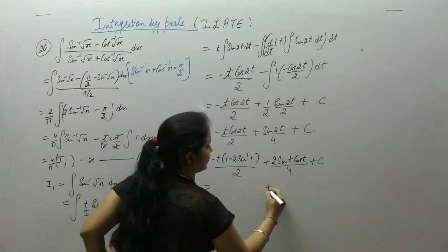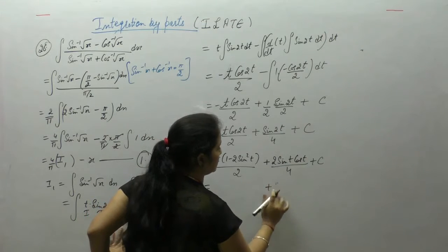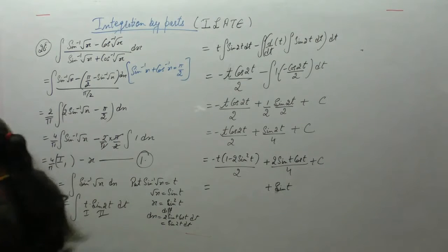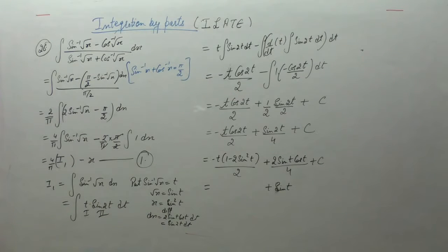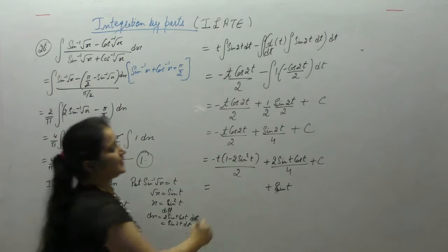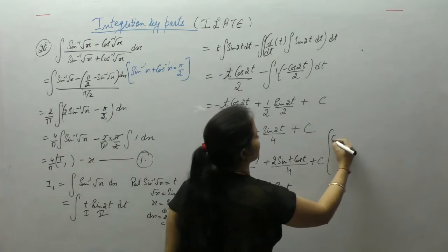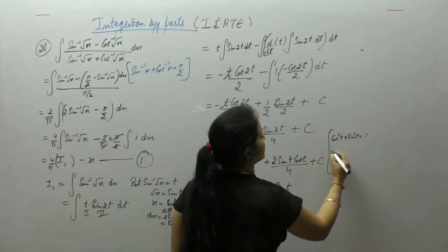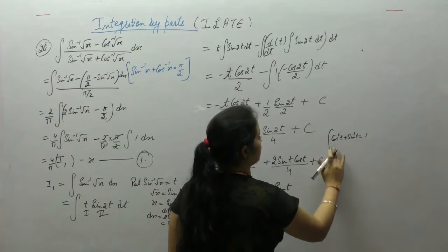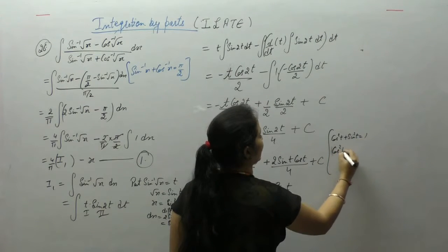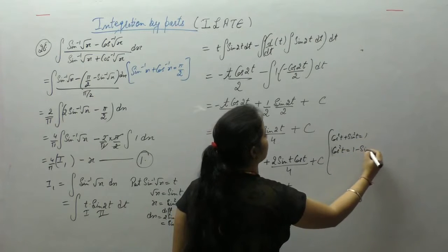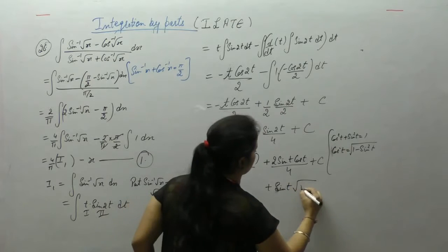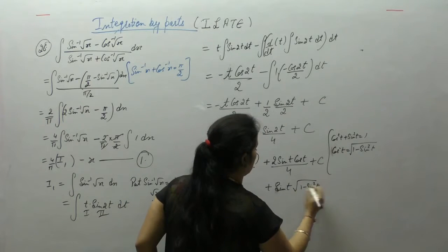Now instead of cos t, we can write square root of 1 minus sine square t. Use the identity here: cos square t plus sine square t is 1. Cos square t is 1 minus sine square t, and cos t is square root of 1 minus sine square t upon 2.